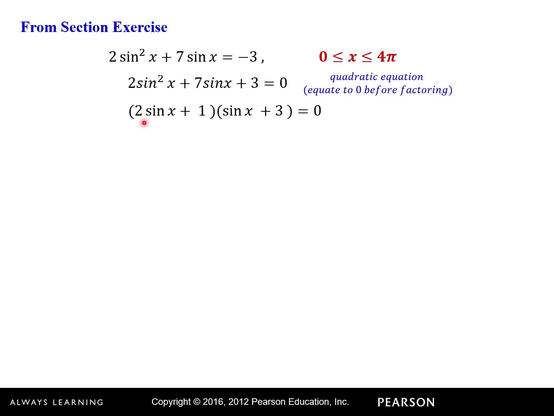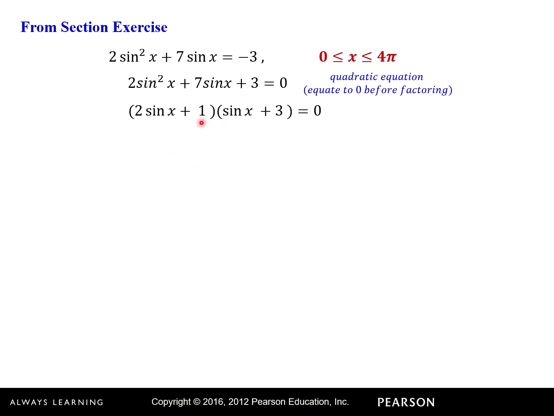So if you check the first term, it's the product of 2 sine x and sine x, so that's the product of the first term. And then for the last term, the product of the last terms, which is 1 and 3, so 1 times 3 is equal to 3. And then for the middle term, you get the product of the inner terms and the product of the outer terms, then add them.